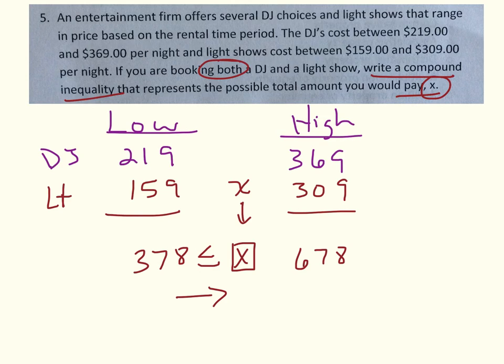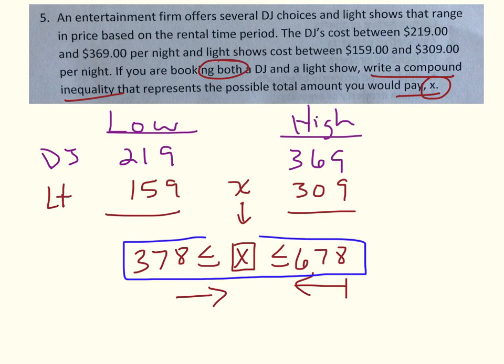And the highest you would pay would be 678 or lower. So we're going to put an inequality there. So X is between 378 and 678. It's higher than 378, lower than 678, but also equal to as well. And this right here is the answer we are looking for. This is the inequality you would create.